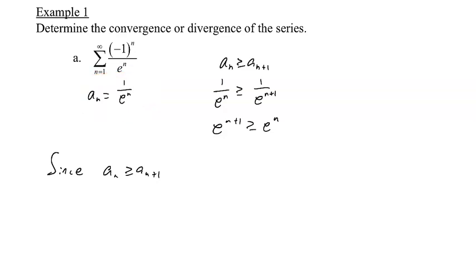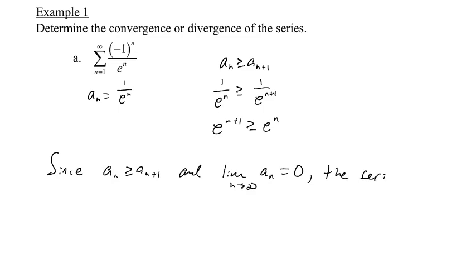That is important if you're going to just say a sub n and a sub n plus 1. Otherwise, I would have to make this statement right here. It's whatever you want to do. I prefer to define what a sub n is, though. And the limit as n approaches infinity of a sub n equals 0.